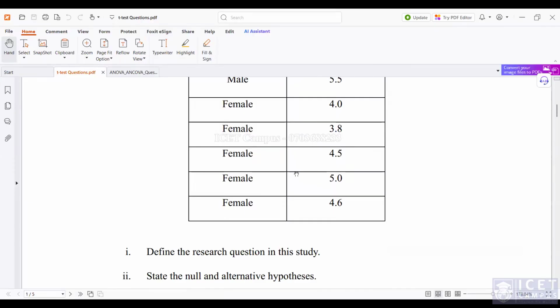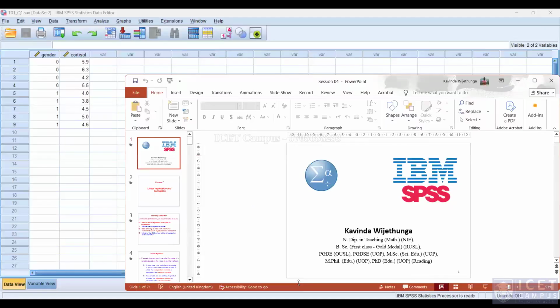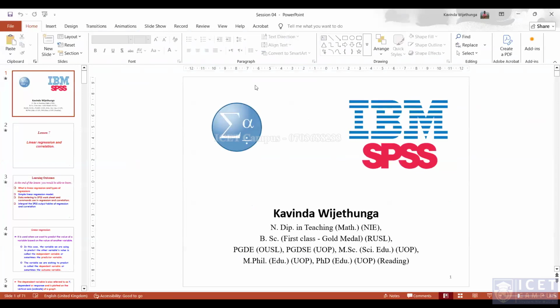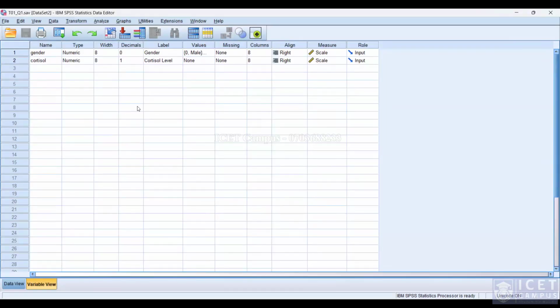One column, one variable. So we'll see how we can enter the data. Right, then here you can define the variables.